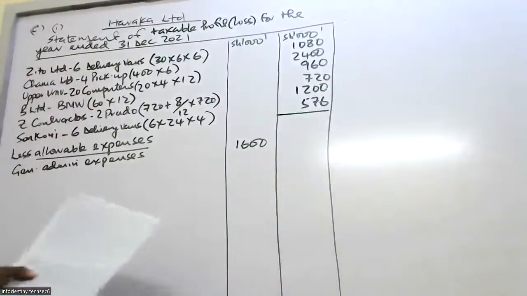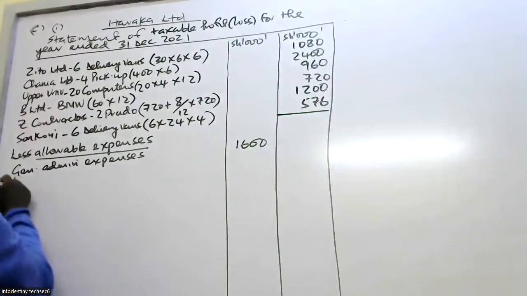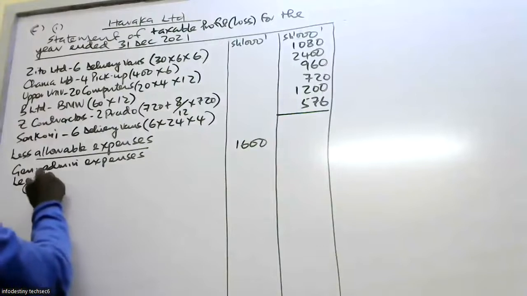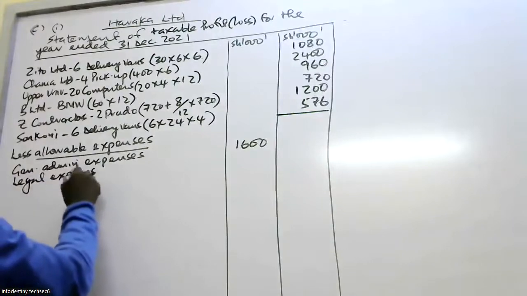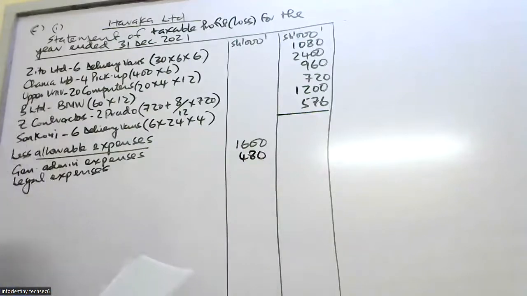So we are not going to adjust. We are not going to disallow the 120 in legal expenses until the matter is determined. We'll just claim the whole of 420, unless they are guilty of breach. They are not as yet.